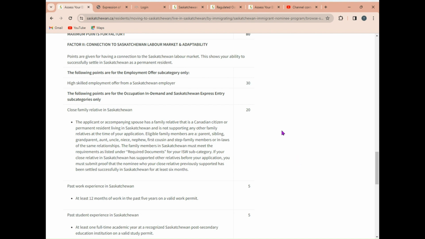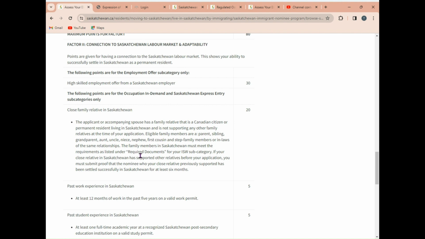Now, for another one, the factor on connection to the Saskatchewan labor market, adaptability. How connected are you to it? These are the places where you need to get those points. The point here is 30. And then if you have a close family relative, right?